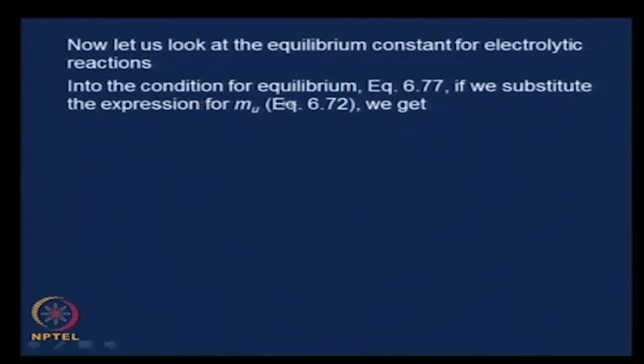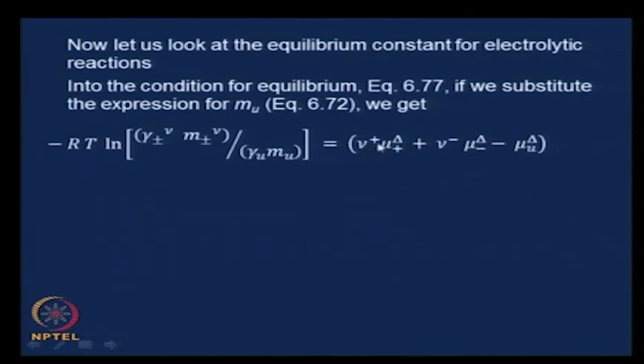To do that, into the condition of equilibrium, which is mu u equals nu plus mu plus plus nu minus mu minus, if you substitute the expression for mu, whatever we had written in terms of the other variables, we get minus RT ln of gamma plus minus raised to the power nu m plus minus raised to the power nu divided by gamma u m u equals nu plus mu plus triangle plus nu minus mu minus triangle minus mu u triangle. Just do this exercise on your own and see whether you get it. It is a one step process, you must be able to get this.